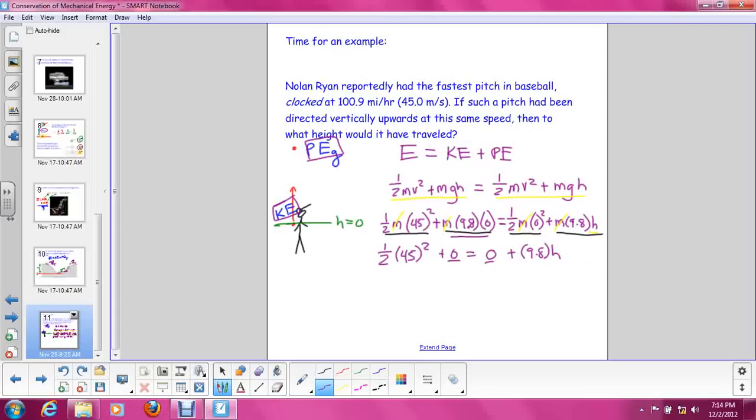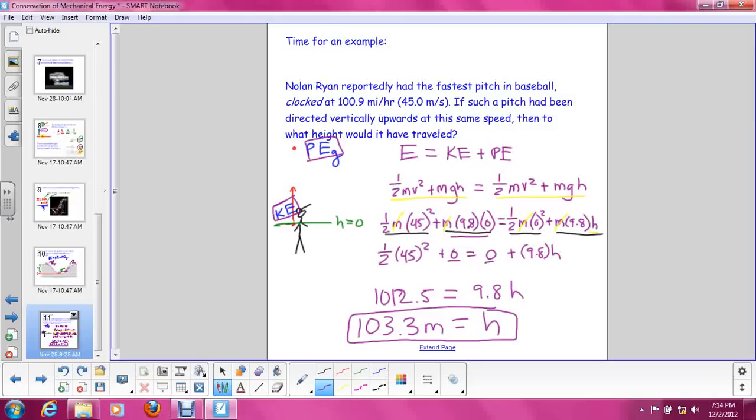So now, if we plug 1/2 of 45 squared into our calculator, we do 45 squared times 1/2, we get 1012.5 equals 9.8 times h. And to get the height, we have to divide both sides by 9.8. So it turns out this baseball would travel about 103 meters.